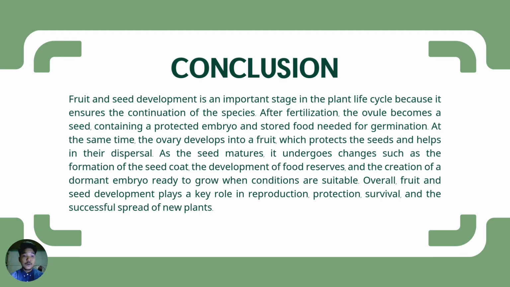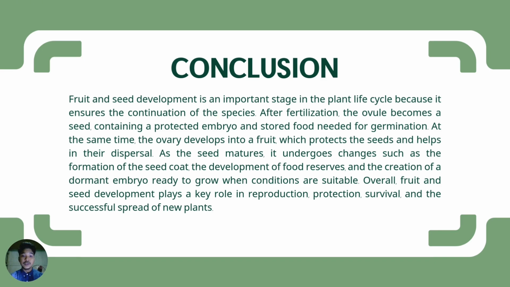So fruit and seed development is an important stage in the plant life cycle because it ensures the continuation of the species. After fertilization, the ovule becomes a seed containing a protected embryo and stored food needed for germination. At the same time, the ovary develops into a fruit which protects the seed and helps in its dispersal.